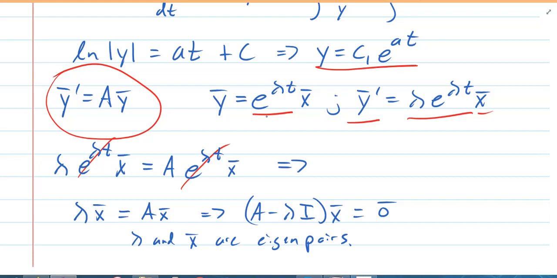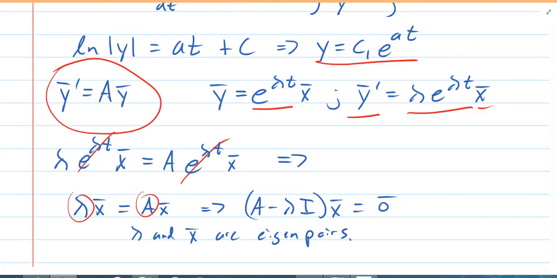Subtract lambda x bar from both sides and you get A minus lambda I, since when you want to pull lambda times x bar in with the A, you just do lambda times I, times x bar, equals the zero vector. Voila, lambda and x bar are eigenpairs.